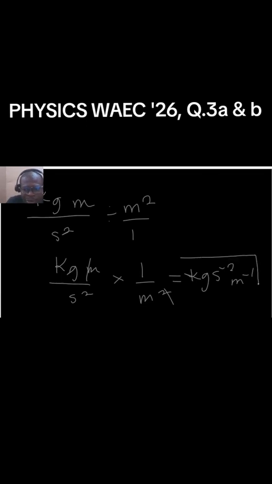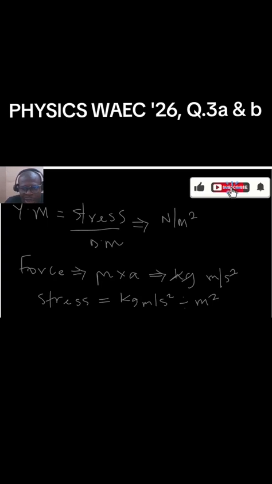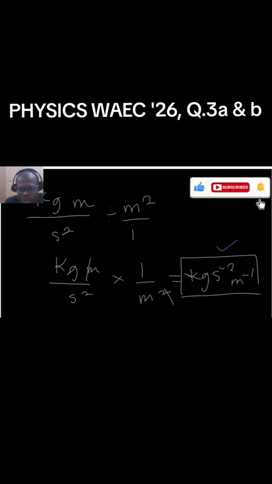So this is going to be the SI unit of Young modulus. So you can either have this as the SI unit or you have this as the SI unit. Any one of the two is actually appropriate. That is, the SI unit of Young modulus can be Newton per meter squared. It could also be kilogram per second squared per meter.